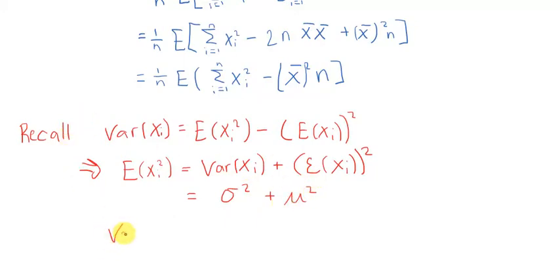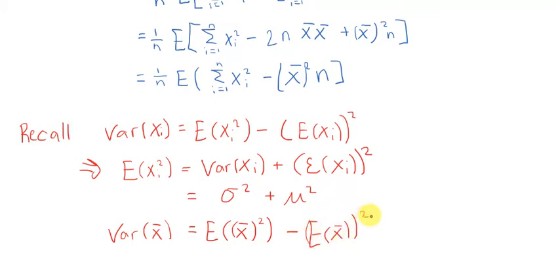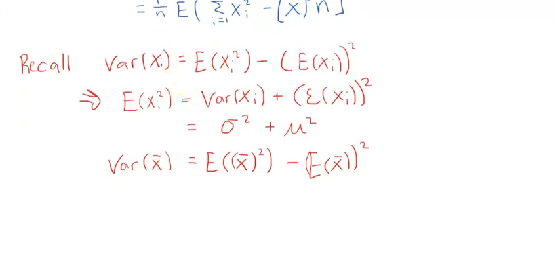In a similar idea, the variance of x bar is also equal to the expected value of x bar squared, with the square inside the expected value, minus the expected value of x bar with the square outside. We can think of x bar as its own unique random variable, so you can even denote it y if that helps. Now if you remember, the variance of x bar ends up being sigma squared over n.